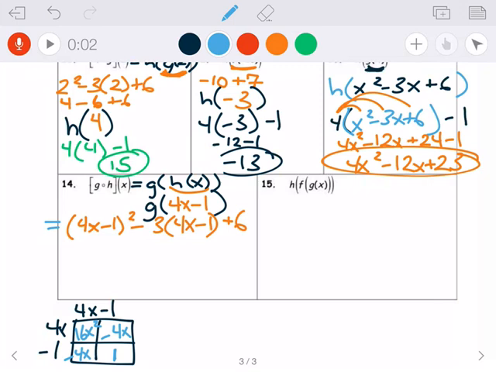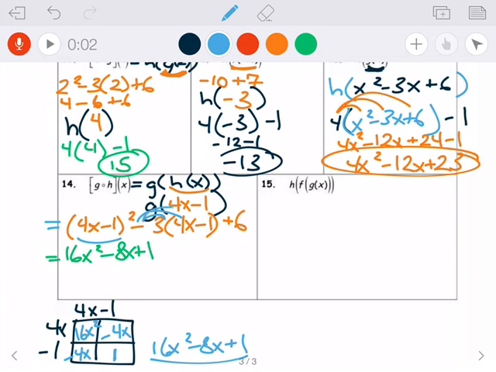So this quantity, and then I could combine like terms. Negative 4x minus 4x would be negative 8x. So I'm going to take this quantity and put it in place of that quantity squared. That's what I just did. So I have 16x squared minus 8x plus 1.